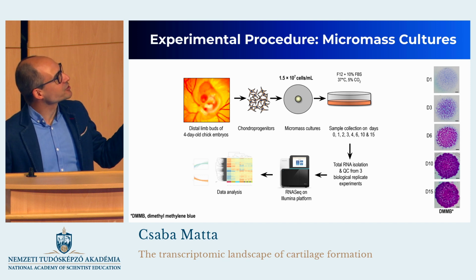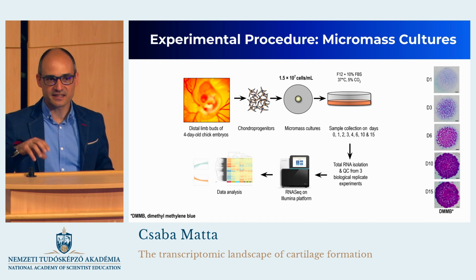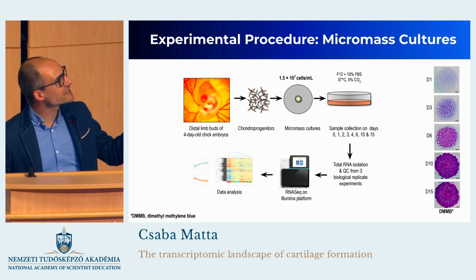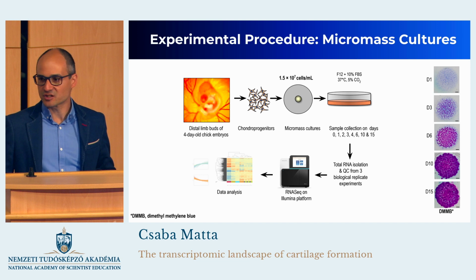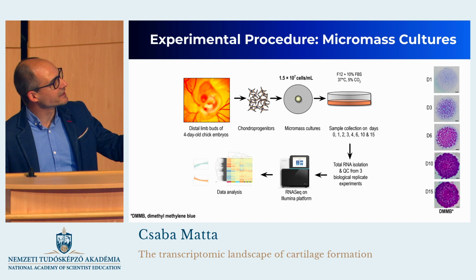So we isolated these chondroprogenitor cells from the developing limbs of these chick embryos, and we established so-called micromass cultures, which means that we inoculate the cells in a little droplet, and this is going to mimic condensation and nodule formation. And then these cells, if you treat them in just normal tissue culture media and in a carbon dioxide incubator, will fulfill their differentiation program and form cartilage tissue in the lab.